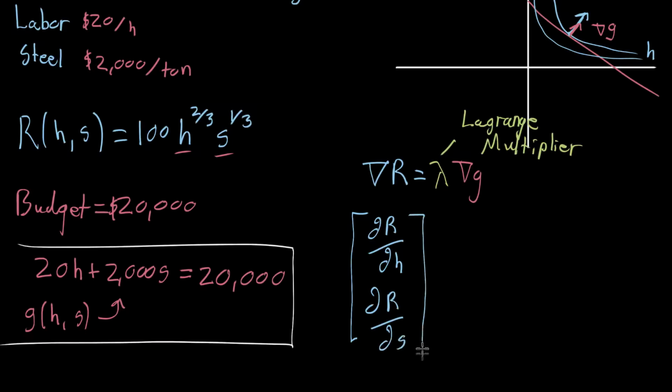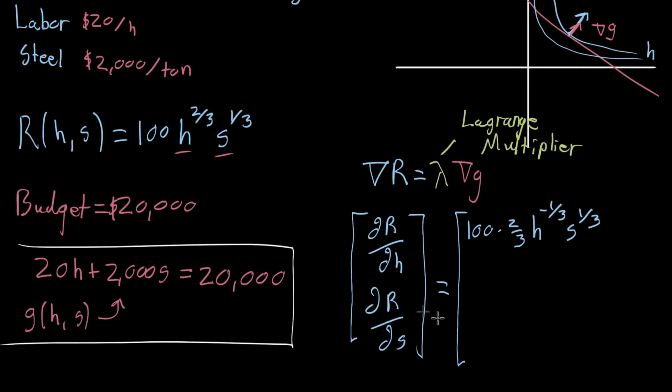And in this case, that first partial derivative, if we treat h as a variable and s as a constant, then that 2/3 gets brought down. So that'll be 100 times 2/3 times h to the power of, well, we've got to subtract 1 from 2/3 when we bring it down. So that'll be negative 1/3 multiplied by s to the 1/3.